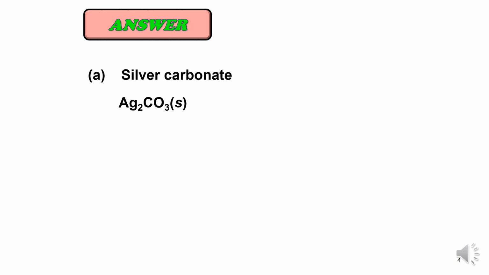First, we write the molecular formula for silver carbonate, Ag2CO3. It is slightly soluble in water, so it dissociates partially to form its ions: 2Ag+ plus CO3 2-.